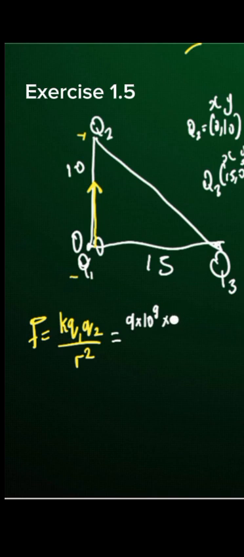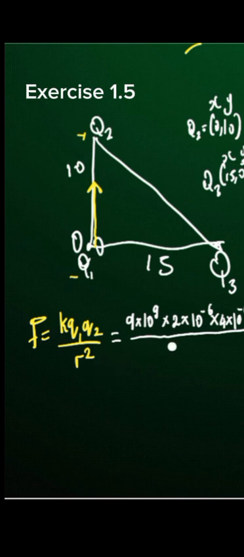We ignore the sign, that is 2 times 10 raised to power minus 6, times our Q3 is 4, that is 4 times 10 raised to power minus 6, all over R square.